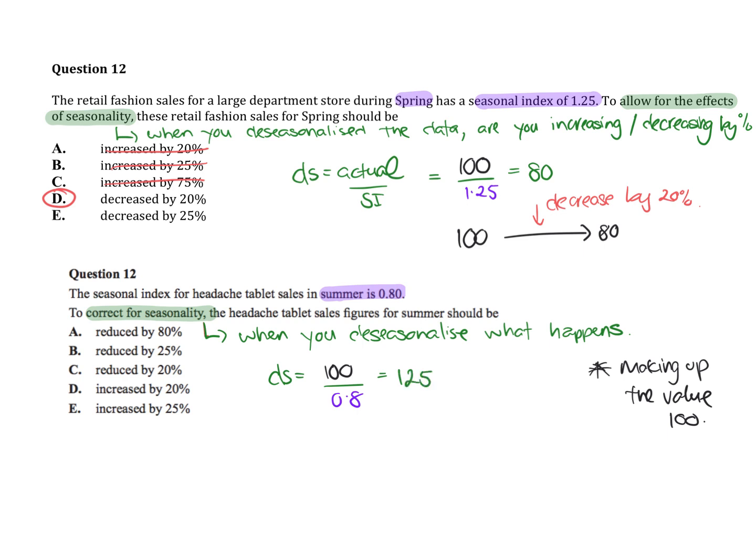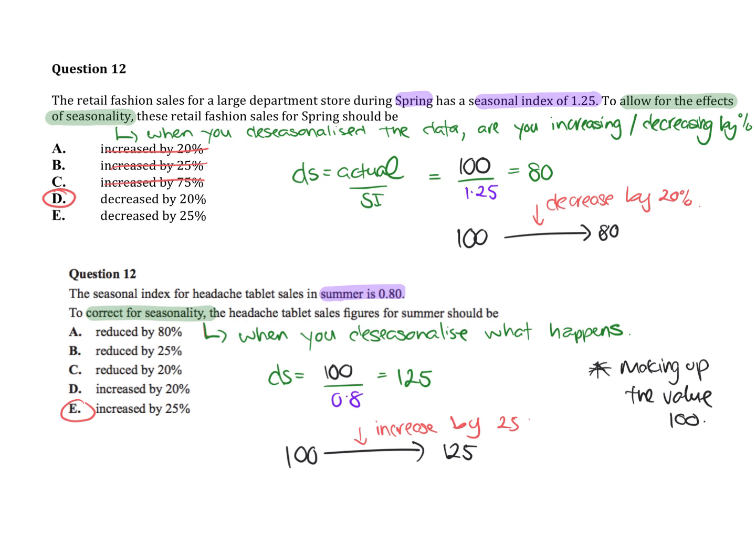Okay, so we went from 100 to 125. So what did we do? We increase by 25. Okay, so there you go. And as I said, you already know it's under average. It has to go up.